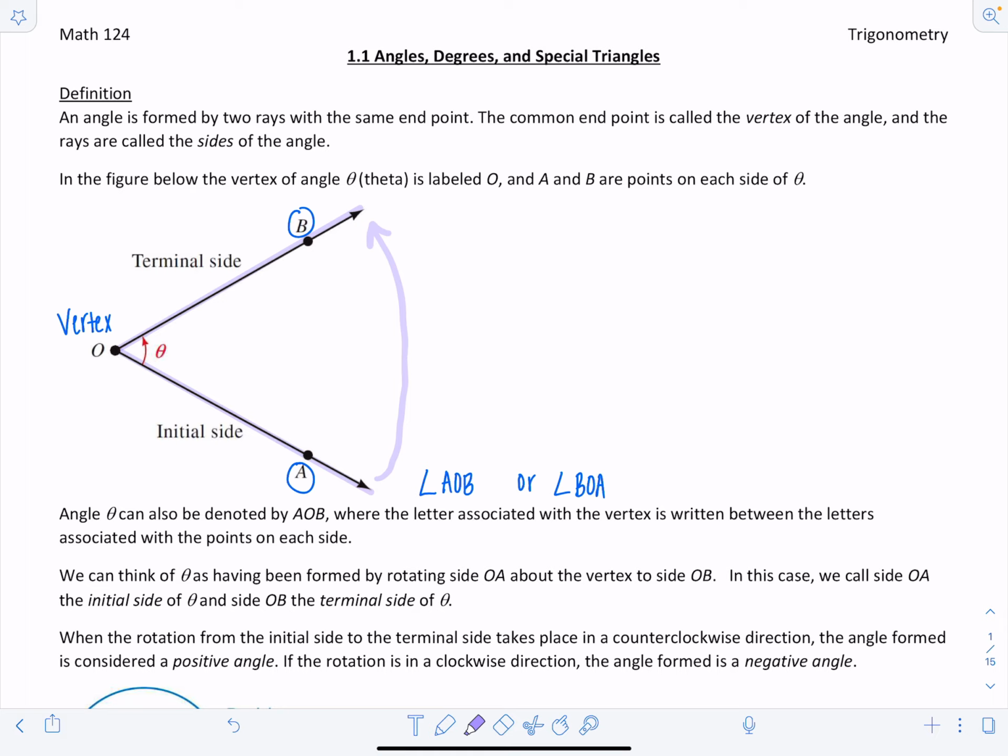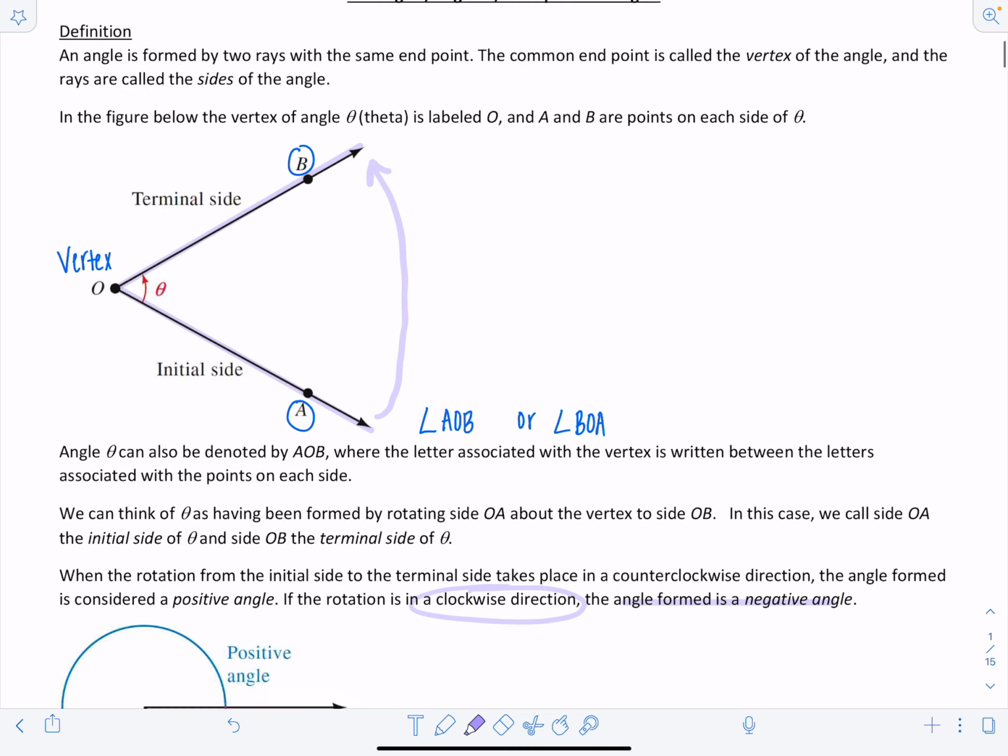Now, when the rotation from the initial side to the terminal side takes place in a counterclockwise direction, the angle formed is considered a positive angle. So standard direction, for orientation is counterclockwise. If, however, the rotation is in a clockwise direction, then the angle formed is a negative angle.